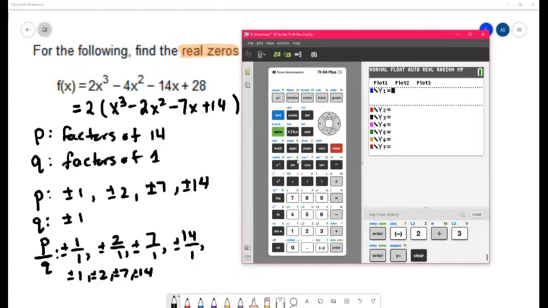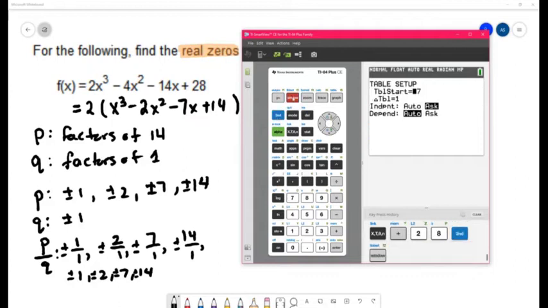So let's type in our y equals menu 2x cubed minus 4x squared minus 14x plus 28, and then we're already in ask mode.